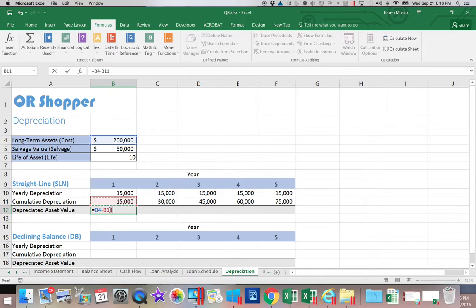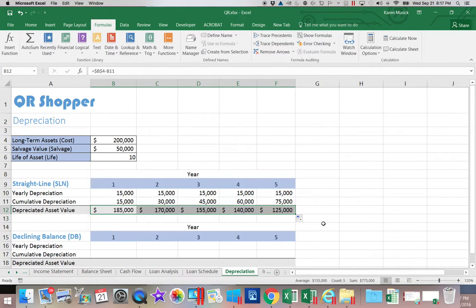And the cumulative depreciation is going to shift, but my total cost, or my original cost, needs to be fixed or absolute. And you should see this amount declining.